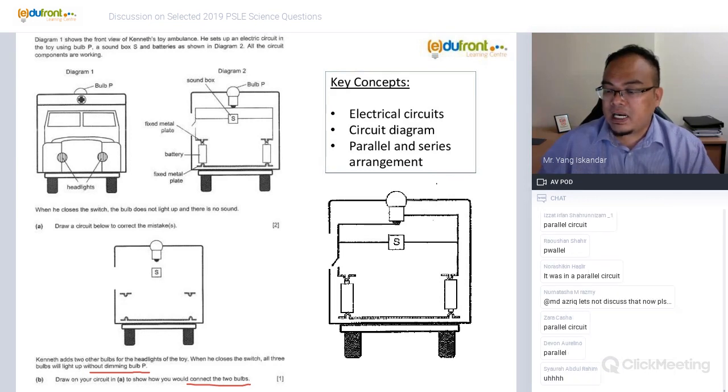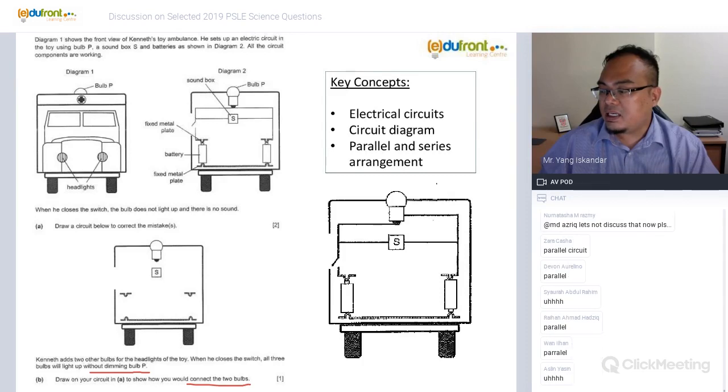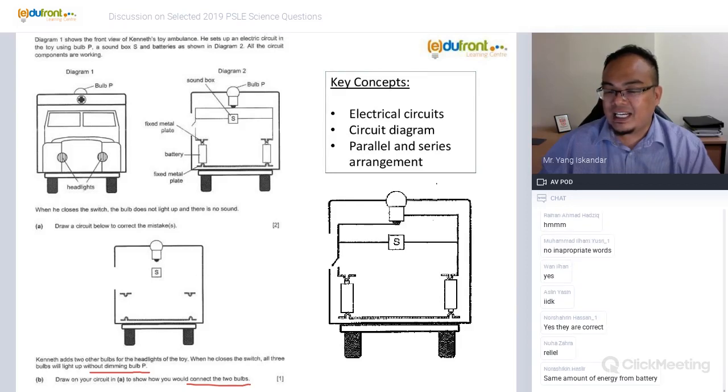Parallel. Okay, somebody said parallel. Correct, not parallel, guys? Must it be parallel? Many also said parallel. Those of you who said parallel, wrong. Parallel is wrong.